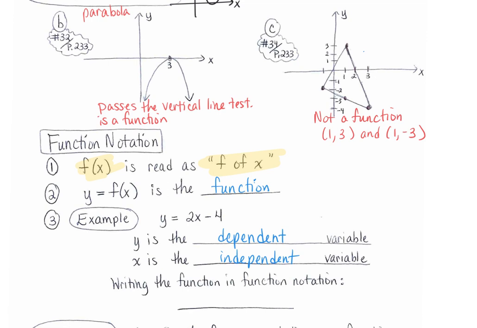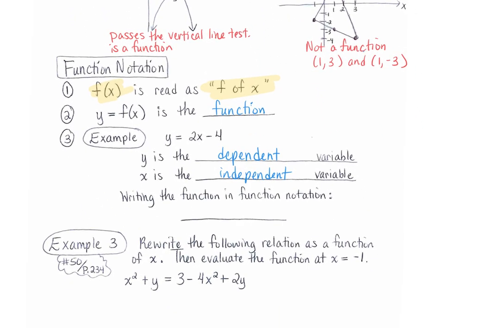If you want to rewrite the function in function notation, we get f of x equals 2x minus 4. So whenever you have a function in function notation, y is your dependent variable, and x is your independent variable.